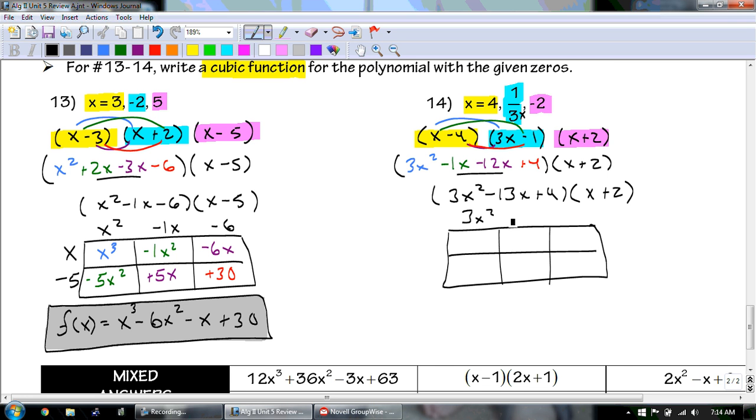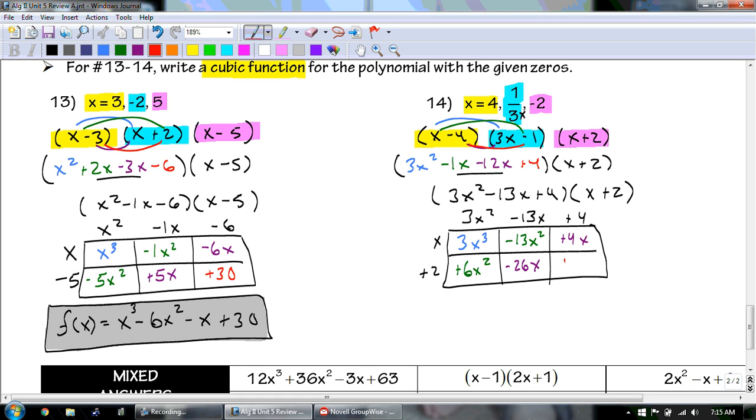3x squared minus 13x plus 4, x plus 2. So we get 3x cubed minus 13x squared. All we're doing is multiplying by x right now, plus 4x. 2 times 3, we get a positive 6x squared. 2 times 13 is a negative 26x.